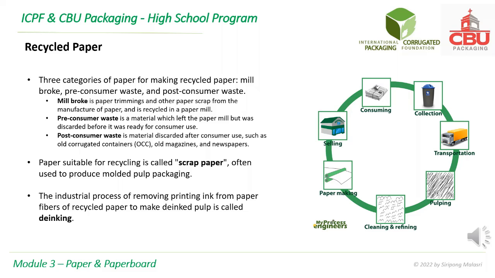Post-consumer waste is material discarded after consumer use, such as old corrugated containers or OCC, old magazines, and newspapers. Paper suitable for recycling is called scrap paper, often used to produce molded pulp packaging. The industrial process of removing printing ink from paper fibers of recycled paper to make de-inked pulp is called deinking.